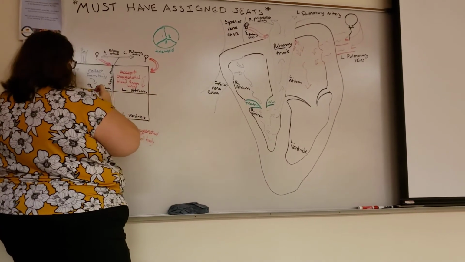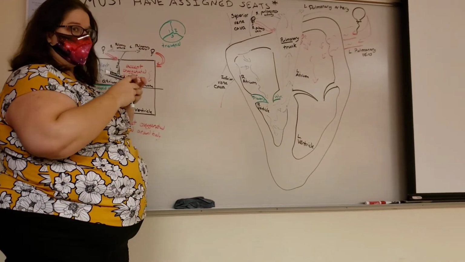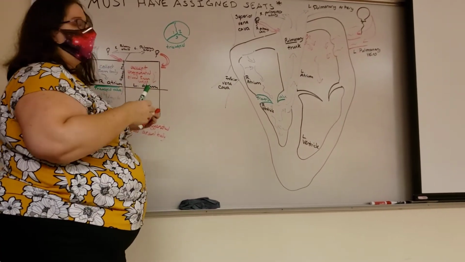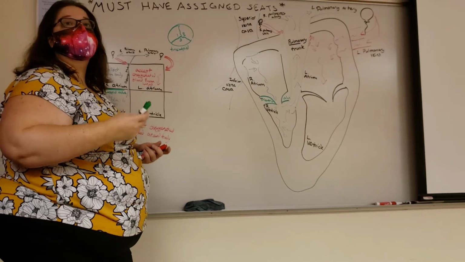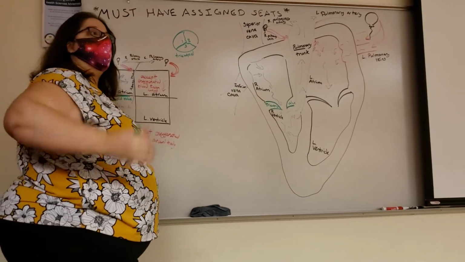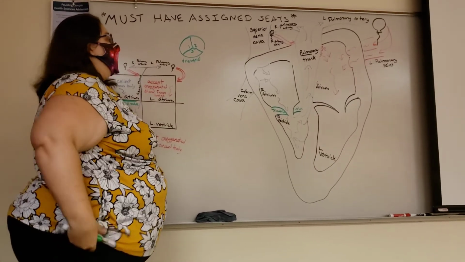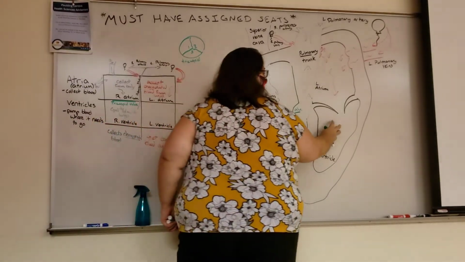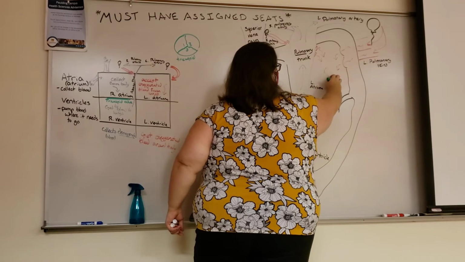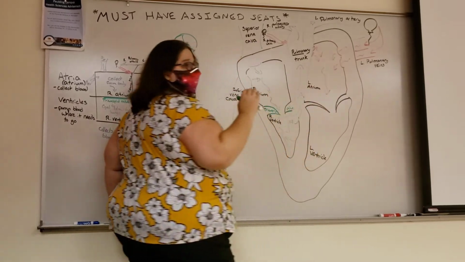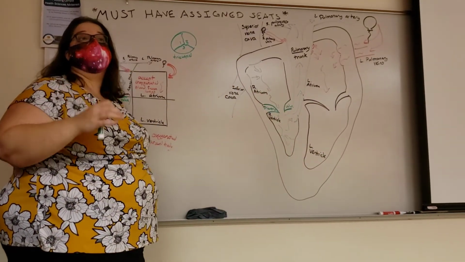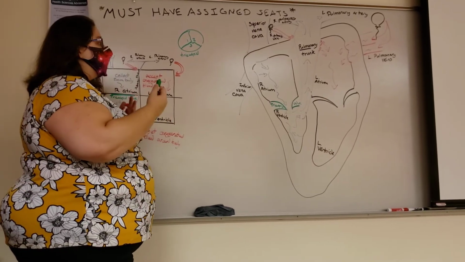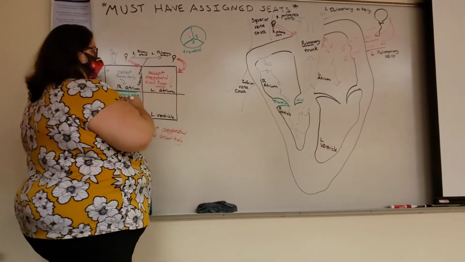But just like before, you have to have a door there. You have another valve because you can't let blood backflow from your ventricle back up into your atrium and risk it flowing back into your lungs. That would be super, super bad if that happens, right? So you have another valve there. You have another doorway that prevents this.